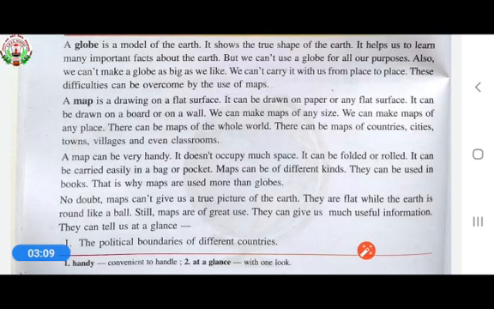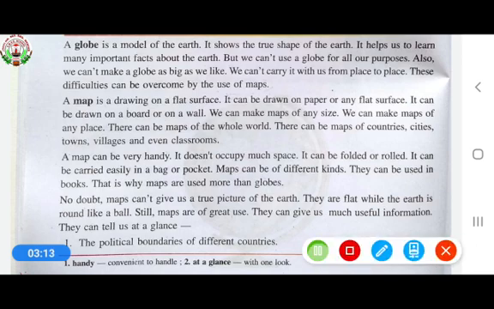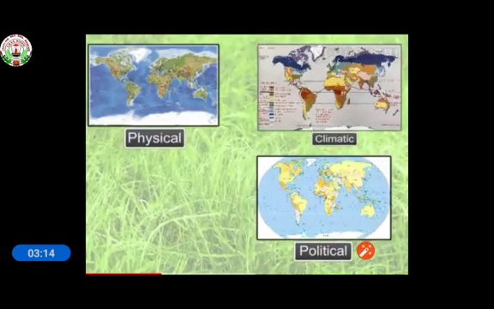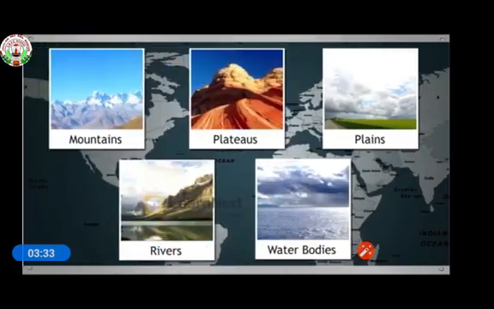Students, now I will tell you the advantages of maps. We have different types of maps: a physical map, political map, climatic map and many other maps. Maps can show countries and cities of the world in great detail. First I will tell you what a physical map is.